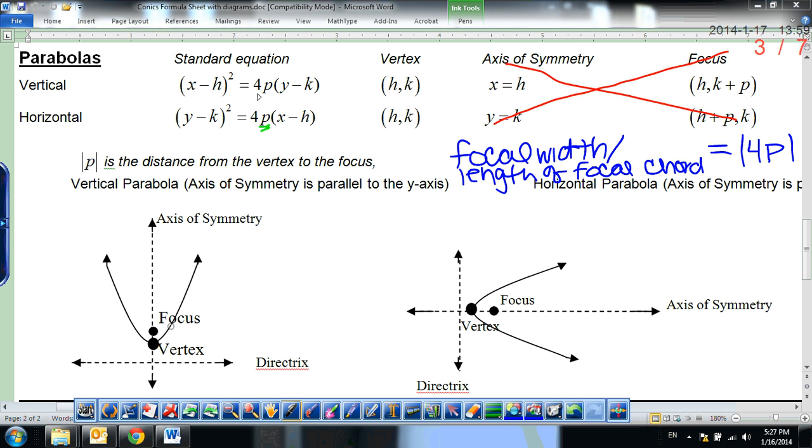So that's going to help us plot a couple easy points. The focal width is the width of the parabola through the focus. That's what that means. The width of the parabola through the focus. So I could get endpoints of the focal chord to give me 2 other points.